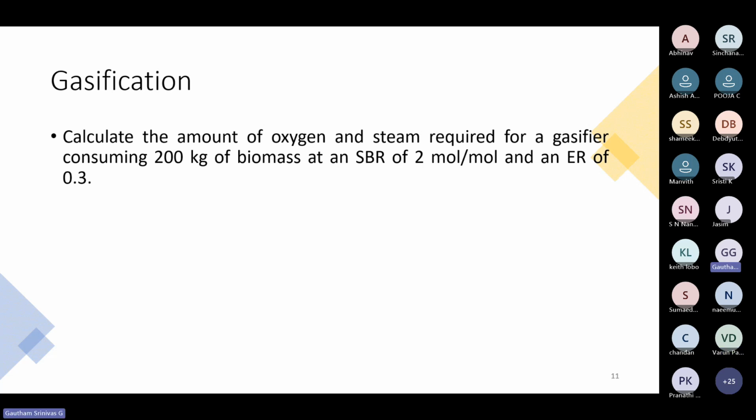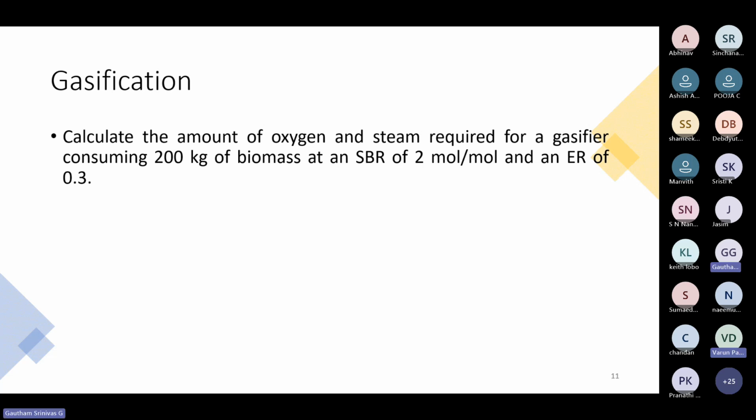So you have calculated the stoichiometric oxygen requirement? 1.05 into 32. Are you sure? What does the stoichiometric requirement mean?